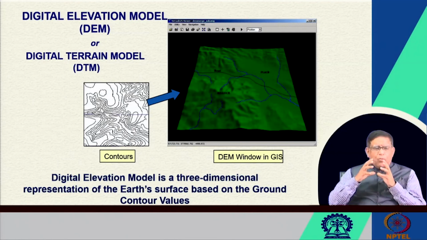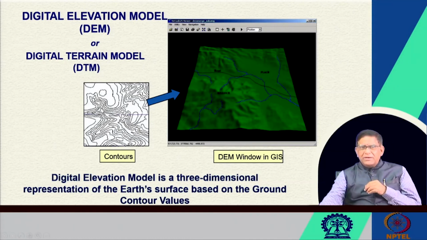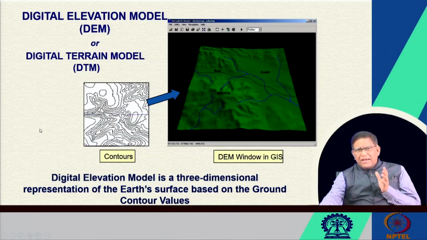Once you put in the data, you can draw the contour and make a digital elevation model. In the GIS, after entering all the spot and line information, they apply the proper algorithm to make the contour.